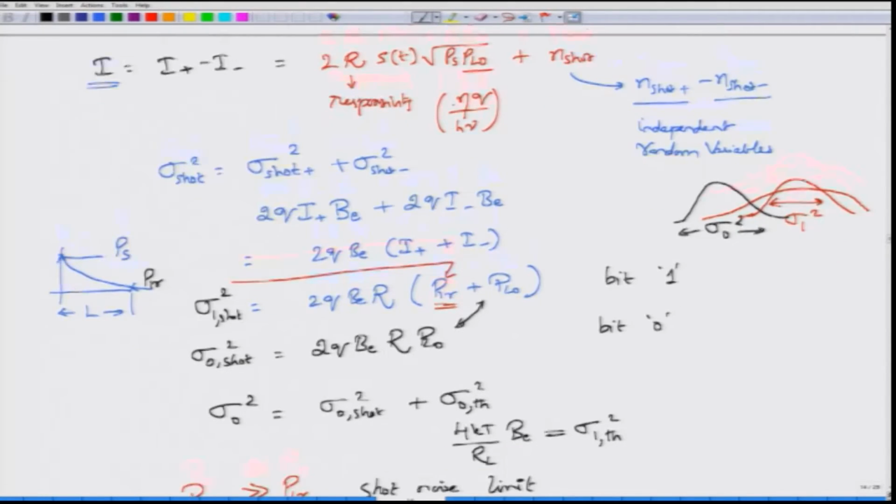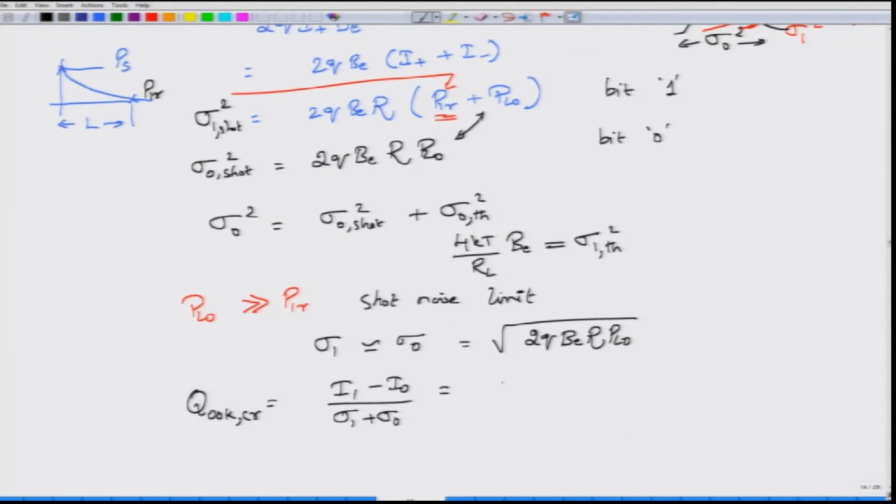So substituting these values, what you get here is 2 times R square root of P1R PLO divided by sigma 1 plus sigma 0, which is nothing but 2 times sigma of either of the two, right. So it would be square root of 2q BE R PLO. 2 cancels on both sides.